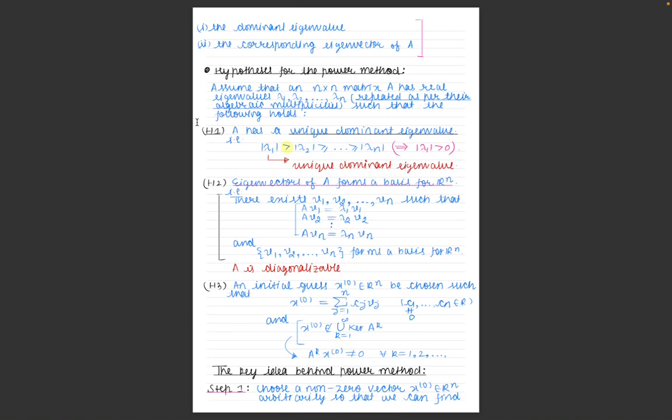Now second hypothesis is eigenvectors of A form a basis for Rn. So what does it mean? This is really important.